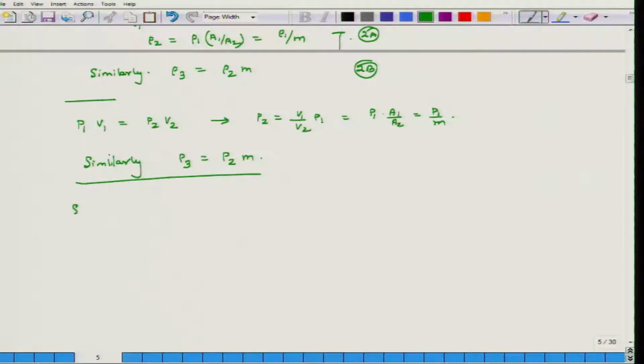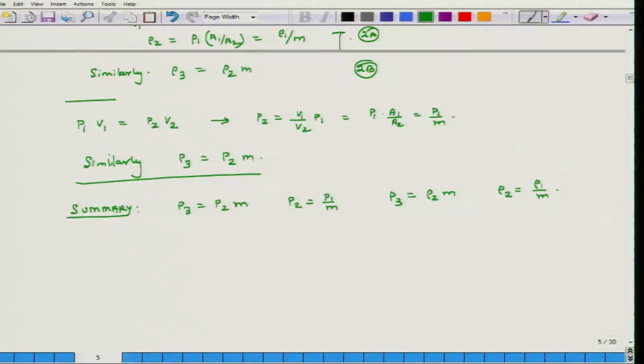So, let us summarize. What is the summary? P3 equals P2 times m, then P2 equals P1 over m, and rho 3 equals rho 2 times m, and rho 2 equals rho 1 over m.